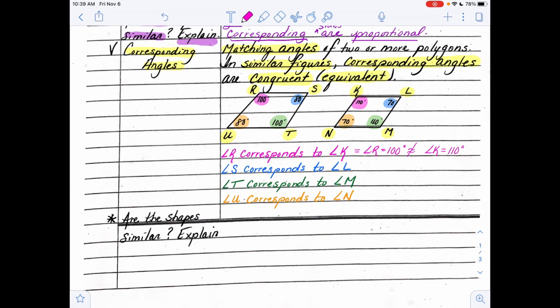So when I say, are these shapes similar, which is my question to you right here, and explain, well, would those two be similar? I'm hoping you would say no. But now, how would you mathematically explain your answer of no? You can't just give me no. You have to justify.